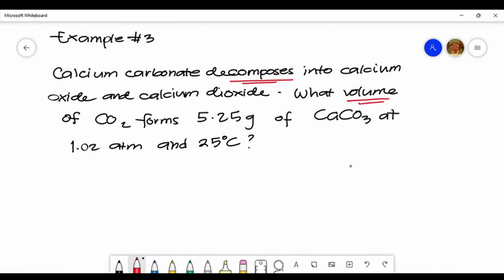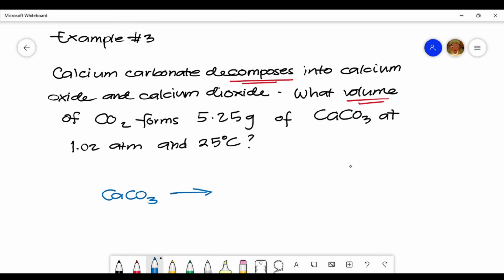So let's start. As always, let's begin by constructing the equation. We know that calcium carbonate is CaCO3, and when we say it decomposes, the product side can either contain oxygen gas O2 or carbon dioxide.